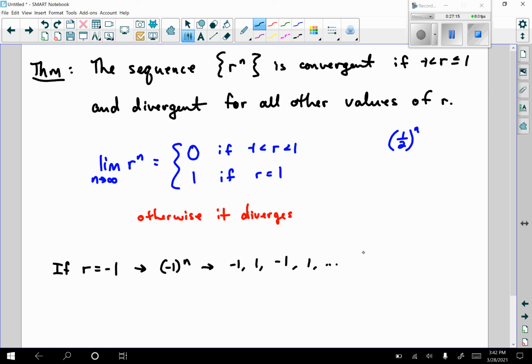So in this case, we're not converging to anything. So again, we're going back to these two: the limit of r^n as n approaches infinity, if r is between -1 and 1, it would converge to 0. If not, it's going to equal 1. But if r is -1, it does not converge to anything.